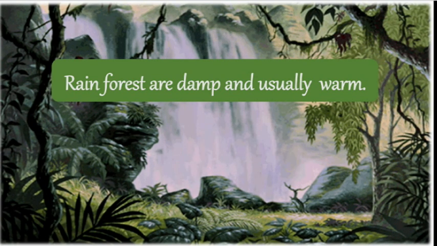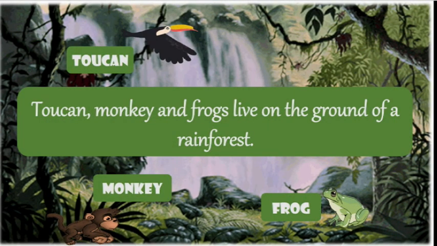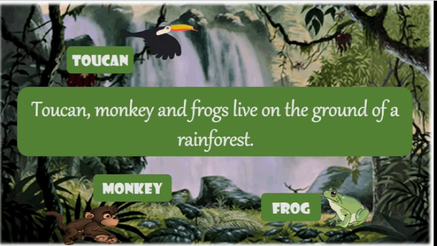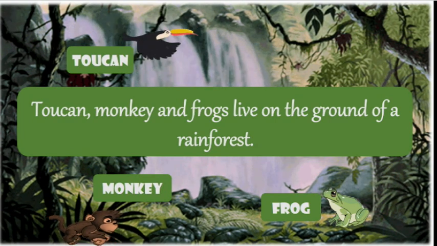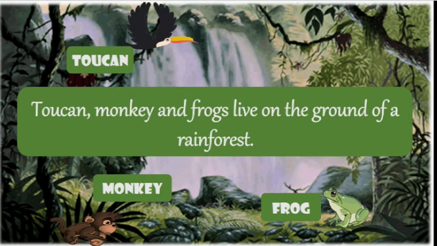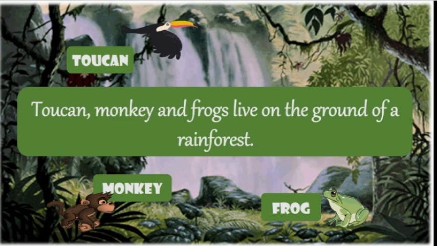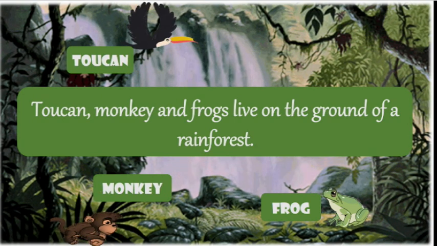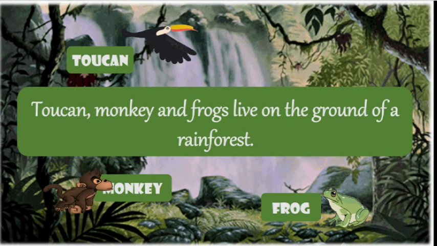Damp means that this place is slightly wet, and it is warm. And here are some animals that live in the rainforest, such as frog, yes, monkey and toucan. These are some of the animals which live on the ground of the rainforest.